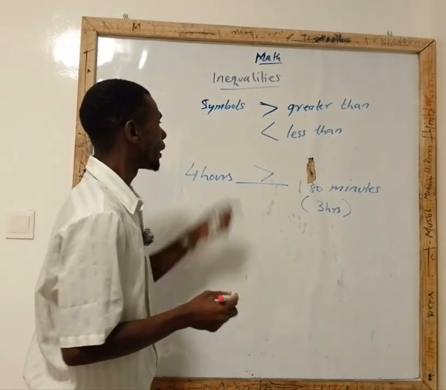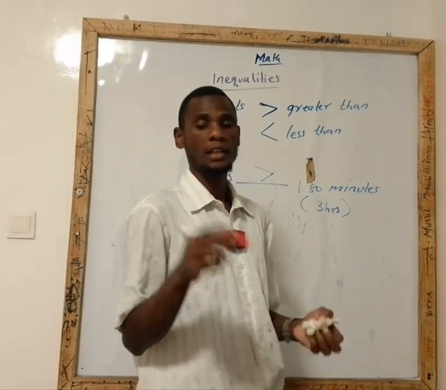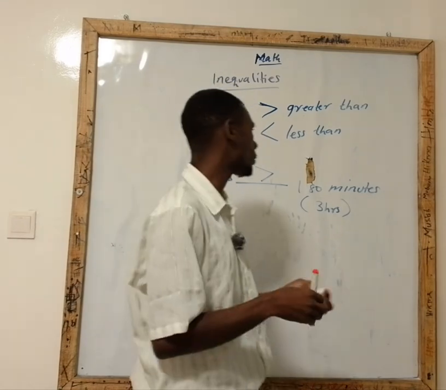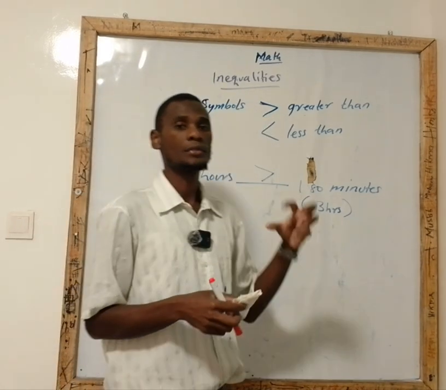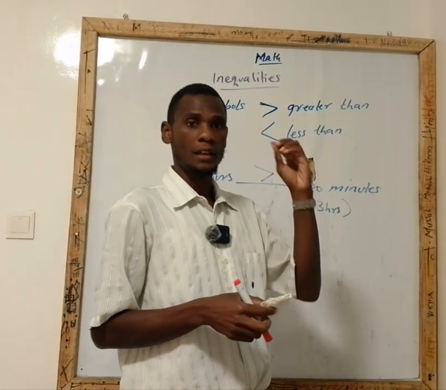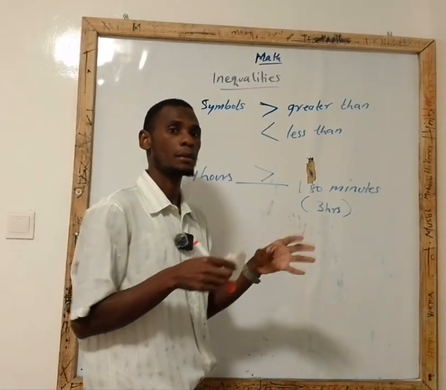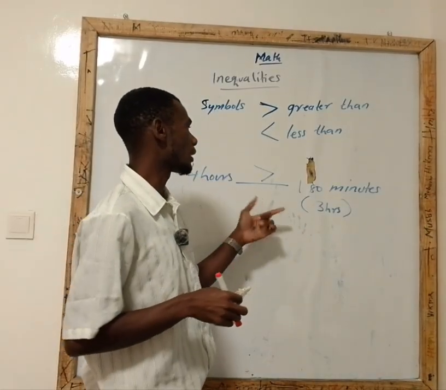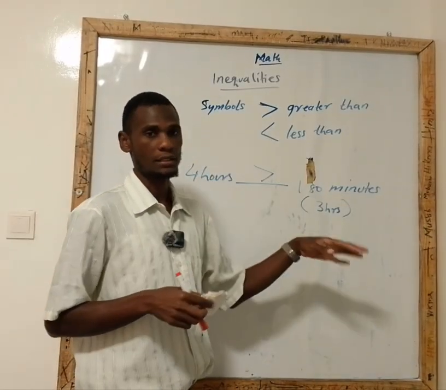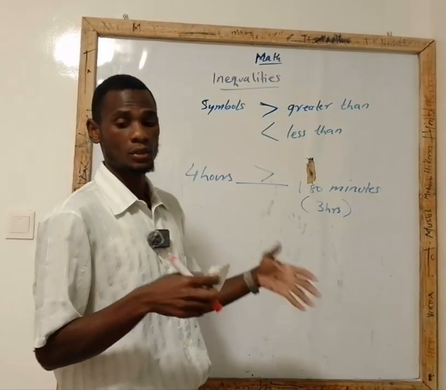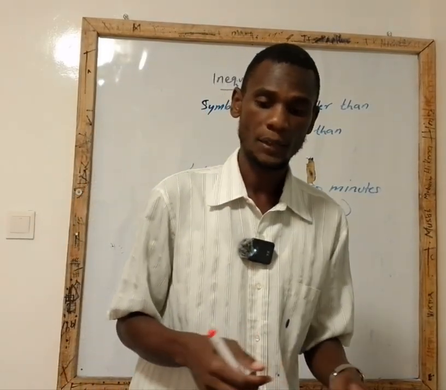So anytime you are handling an inequality where you are told to use the symbol and you have different units, the best thing, first of all, is to change them into the same unit, whether meters and meters or hours and hours, so that you can easily find which one is bigger.